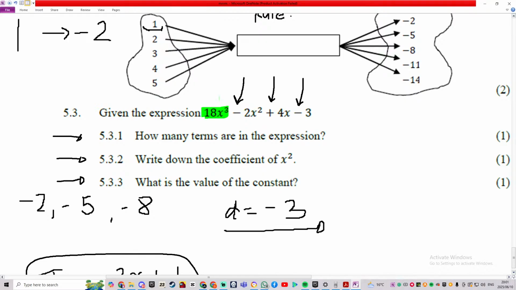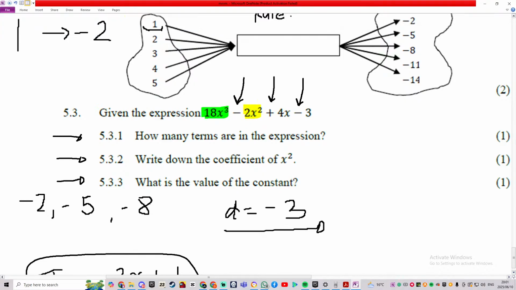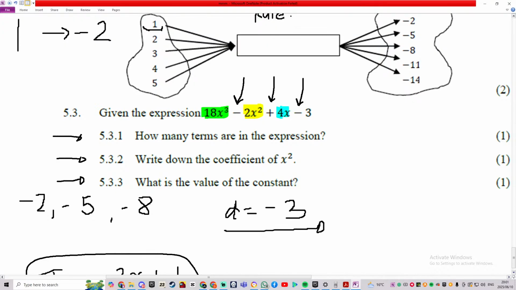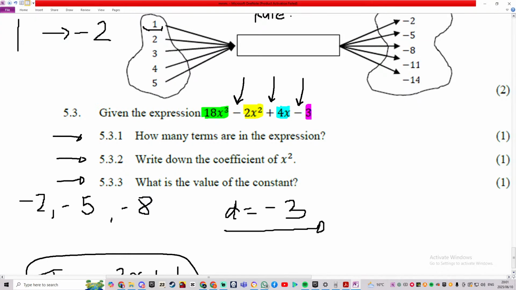Then minus 2x squared is my second term. Then 4x is my third term. And then -3 is my fourth term. So how many terms do I have there? 4 terms. That's correct.